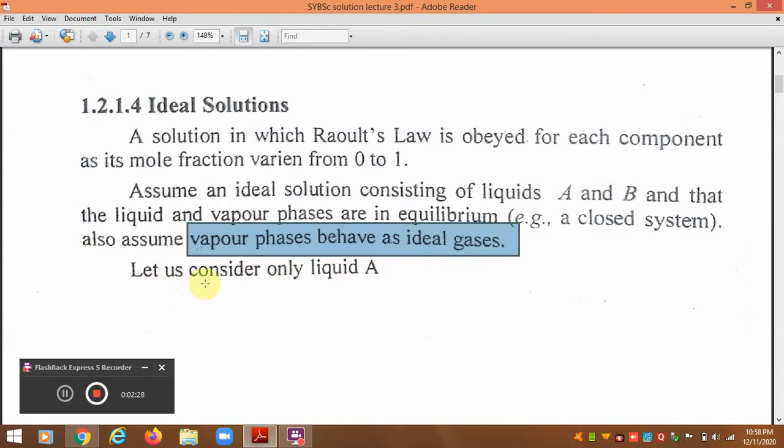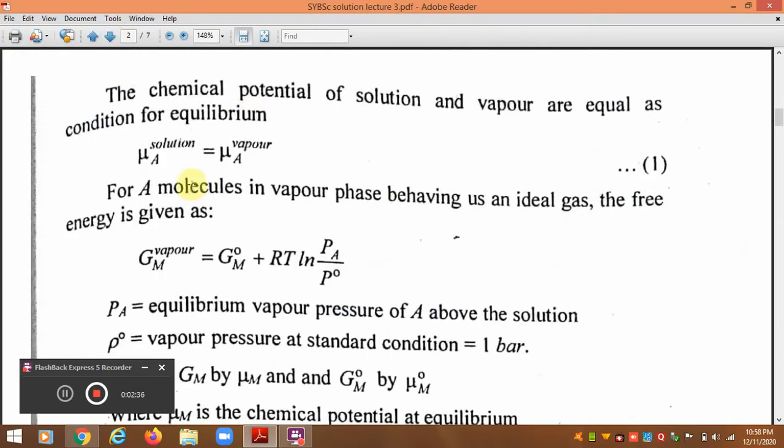So here we will consider only one component of this system, that is liquid A. The chemical potential of solution and vapor are equal as it is in the condition of equilibrium. So for the equilibrium system, the chemical potential of liquid A in solution is always equal to the chemical potential of A in the vapor phase.